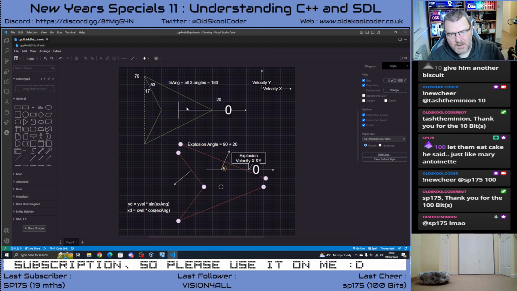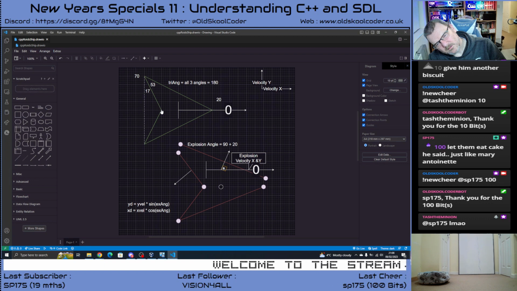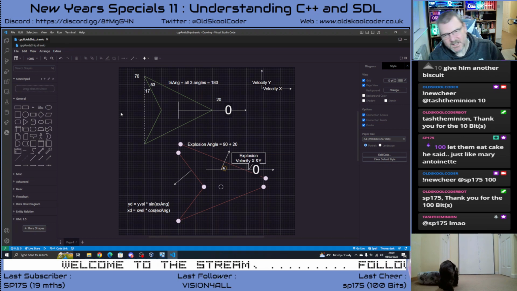So this angle here, if we do the perpendicular line, is going to be plus 17, 90 plus 17.